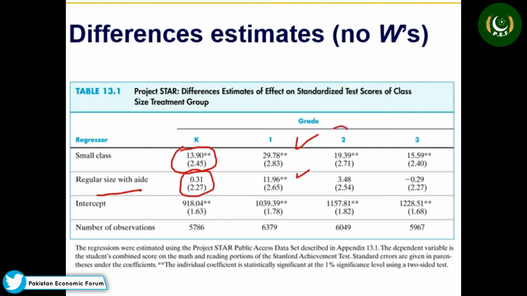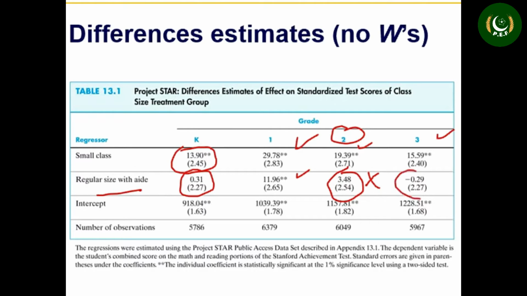At grade level 2, in the 3rd year, you have a 19-point improvement, and here again the aide effect is not significant, with not much improvement as compared to regular class. Small class size gives a 16-point better score than regular class, but regular class with an aide actually has no effect. So in general, small class size leads to improvement in test score.